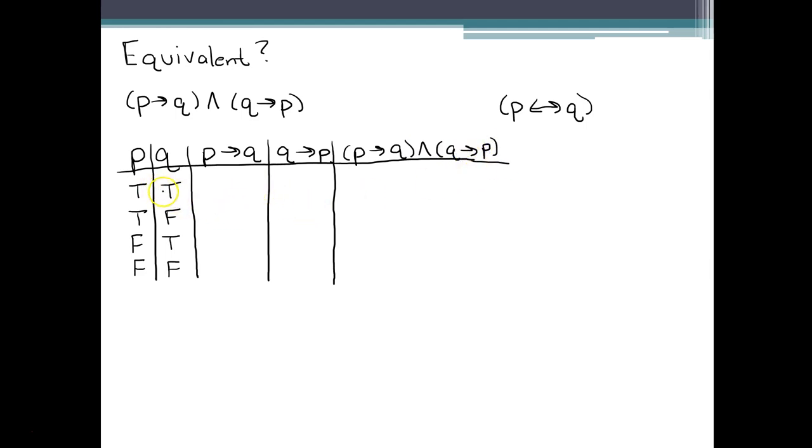Okay, so if P then Q. Remember, if then is only false if you go T to F. T to T is true, T to F is false, F to T is true, F to F is true. Then if Q then P, T to T is true, F to T is true, T to F is F, F to F is true. And then the and statement, well, they both have to be true, otherwise it's false. And there you go.